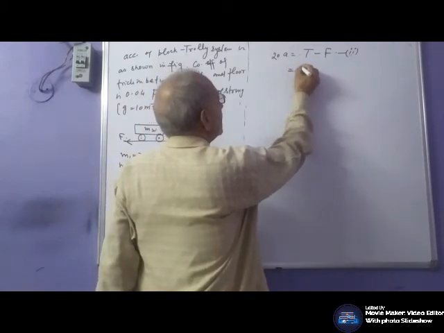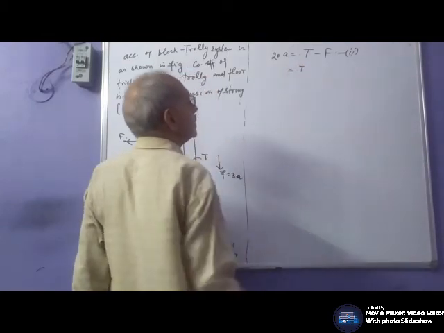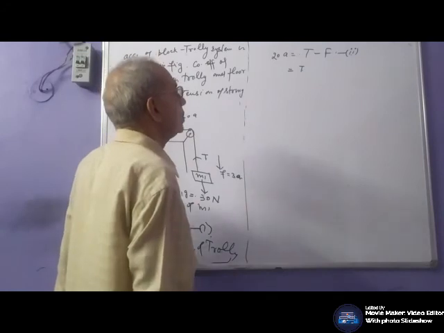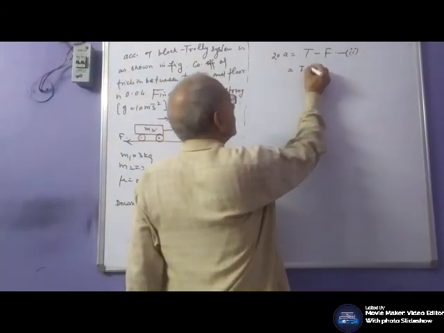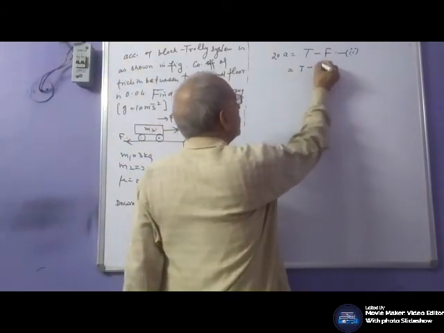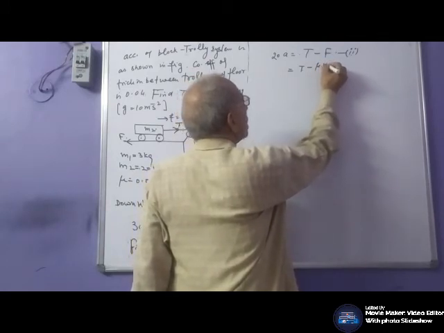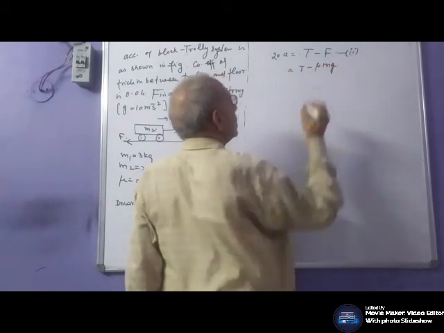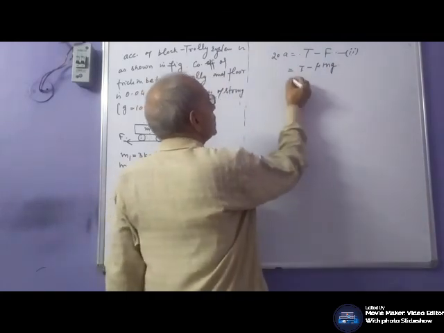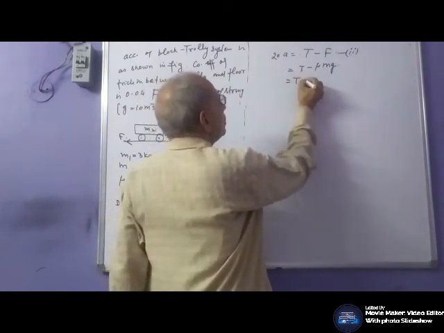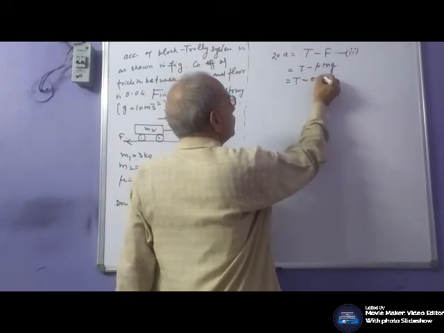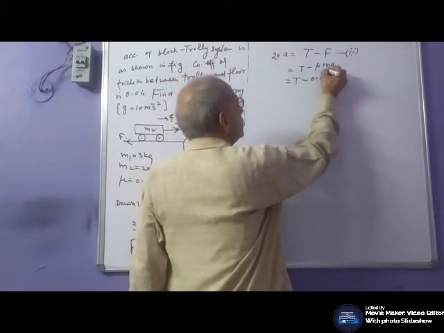Or 20A is T minus F, that is T minus mu R. T is there, mu is 0.04, R is M2 g.